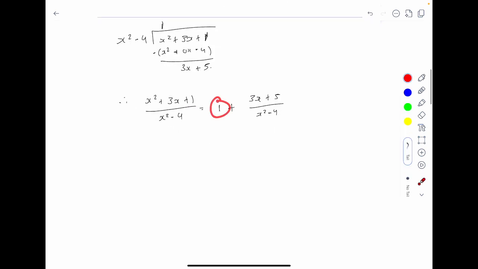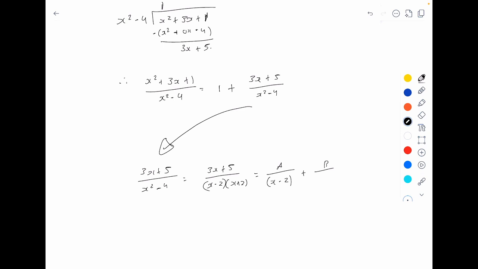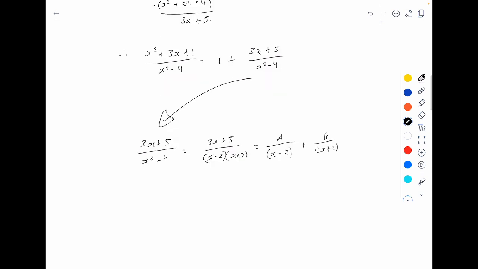Okay, brilliant. So we've got this bit, but now for this we can then say, okay, 3x plus 5 over x squared minus 4 is equal to 3x plus 5 over x minus 2, x plus 2, which equals A over x minus 2 plus B over x plus 2.